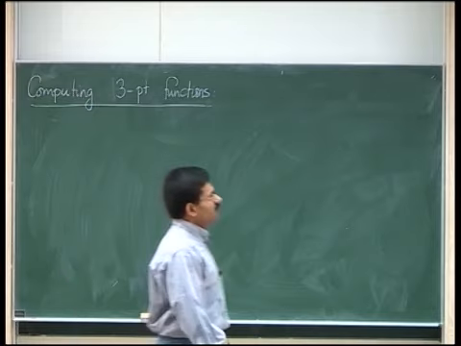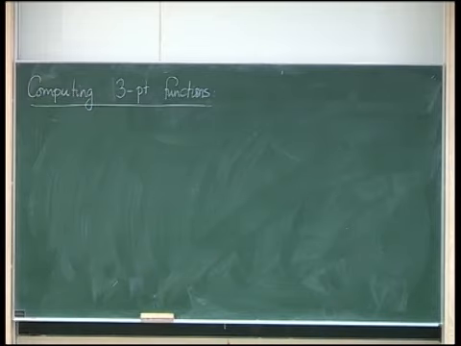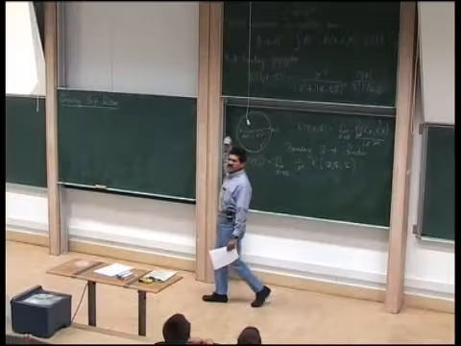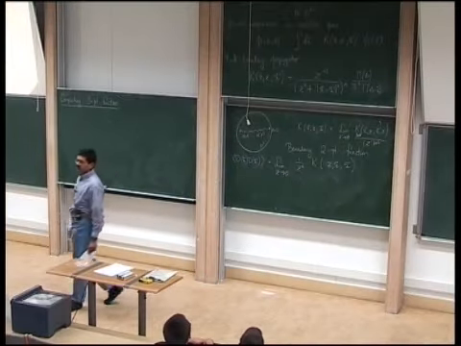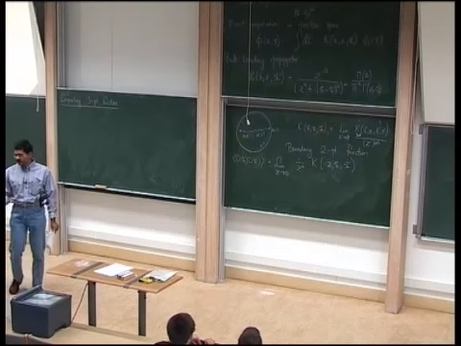So now, rather than go through the exercise of doing the whole thing again in momentum space, let me use this simple form of the bulk to boundary propagator that I derived and quickly sketch how to compute the 3-point function.